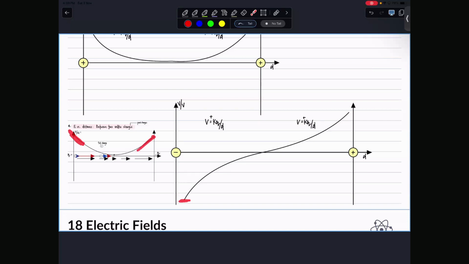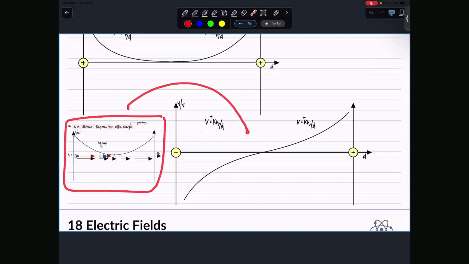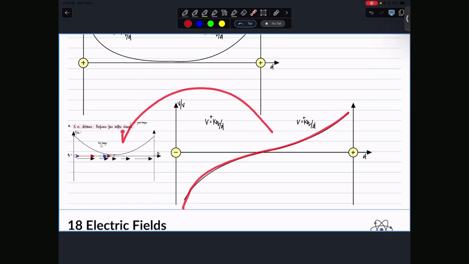Do you see this is a positive gradient? Do you see there's a positive value there? Do you see that the center has a low value, but not a what value? Zero value. The center here has a very low gradient, but not a what gradient? Yeah, zero. Okay, so if you can remember one of these graphs, then the other should be easy. Why? Because if you differentiate this graph, you should get that graph out there.